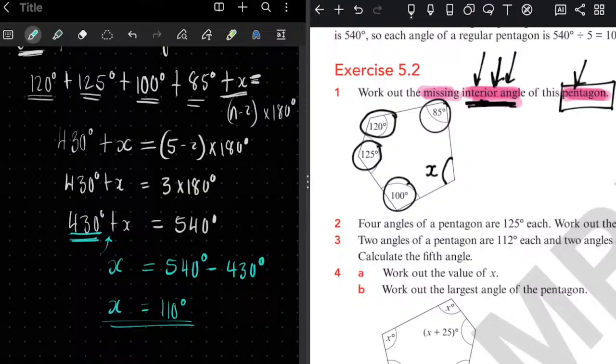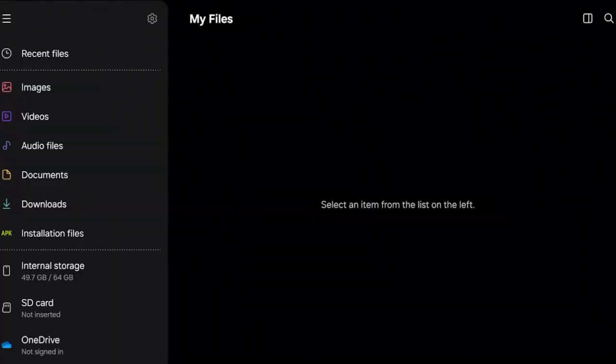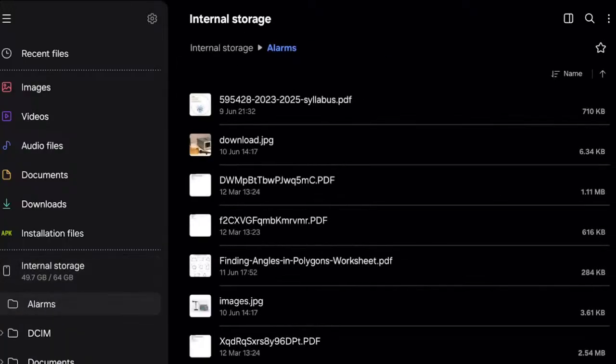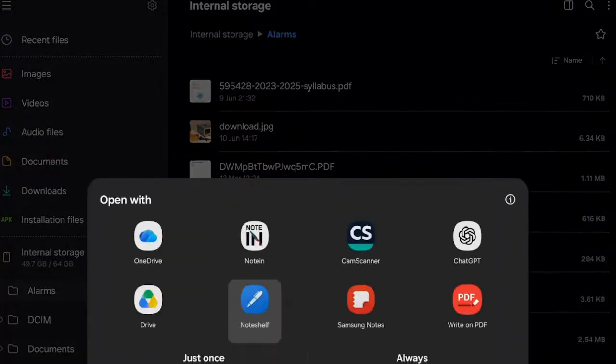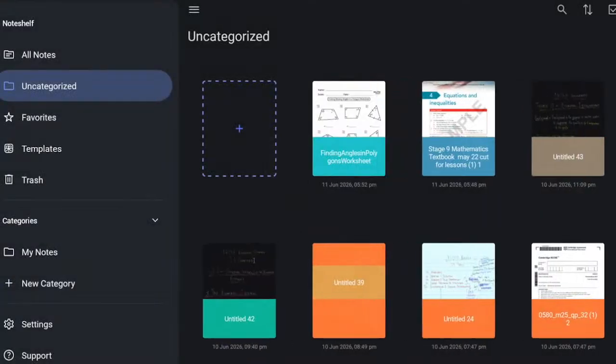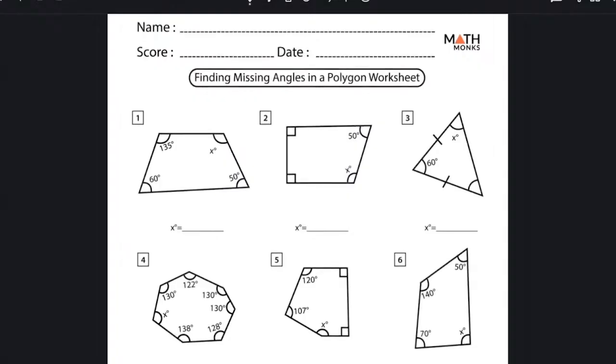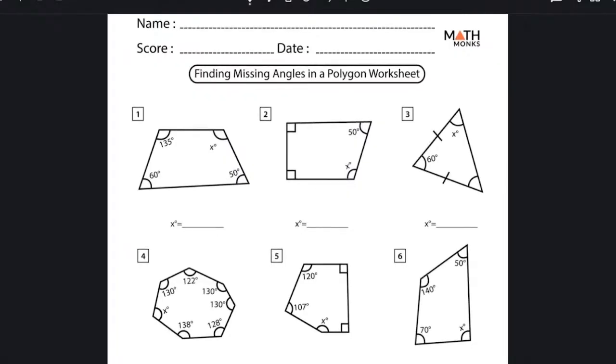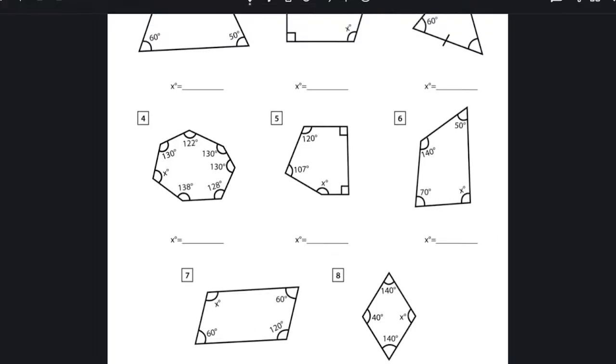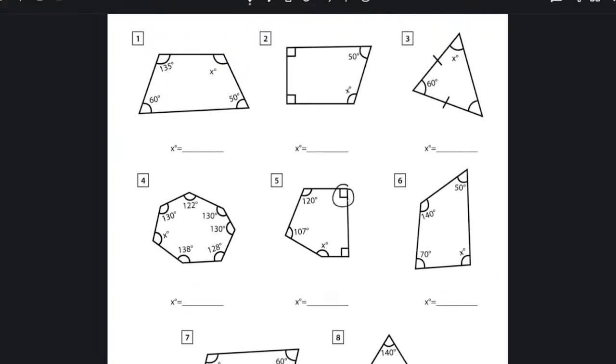Let me open it. Can you see this? Good. If they put something like this, it means 90 degrees. So this means 90 degrees. Are we together? You put 90 degrees here, okay?